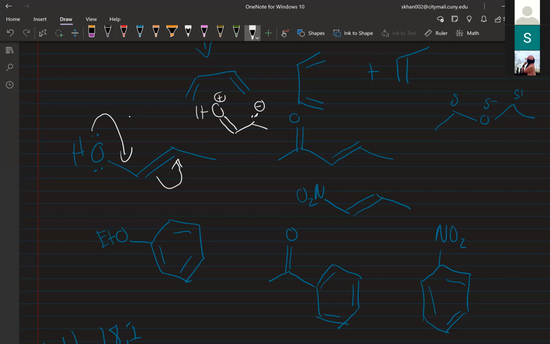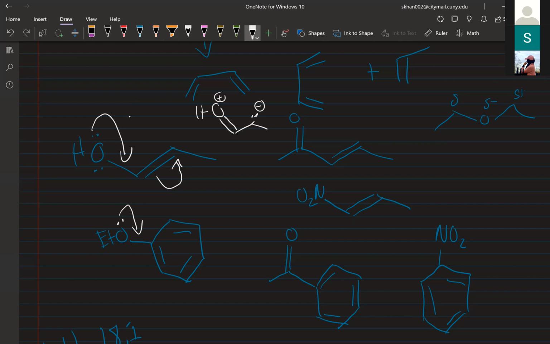So whenever you see alkenes or phenyl groups that have substituents with a lone pair directly next to them, those lone pairs can resonate and push electron density into the alkenes or the phenyl group. Same thing over here. You're going to see this lone pair push in there. I guess we could do this a couple of ways.